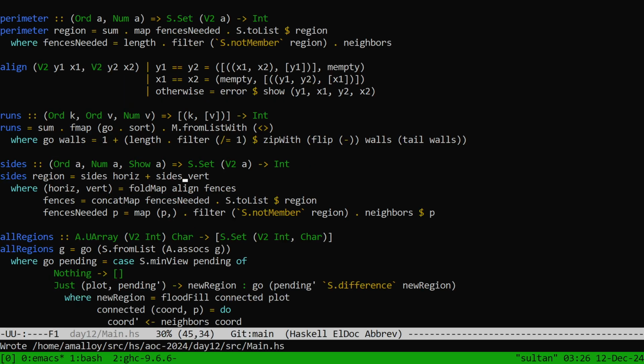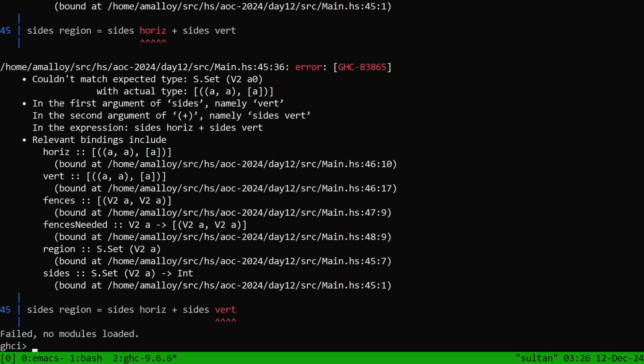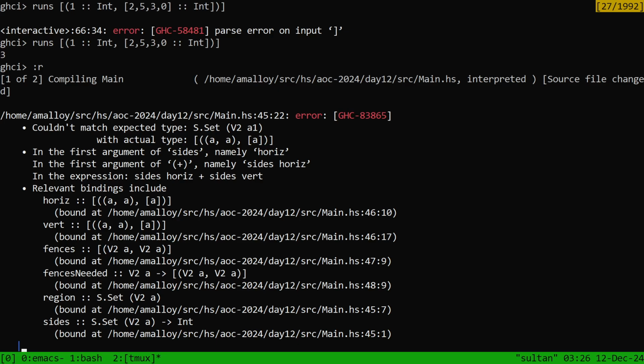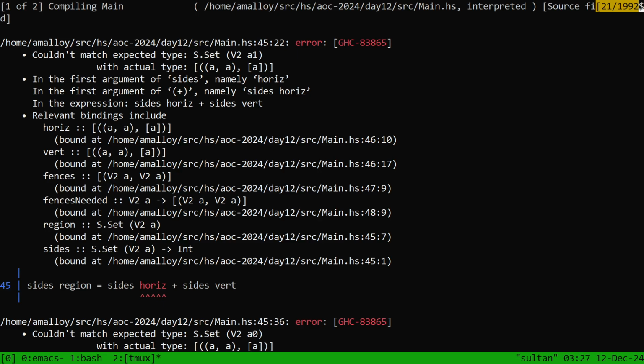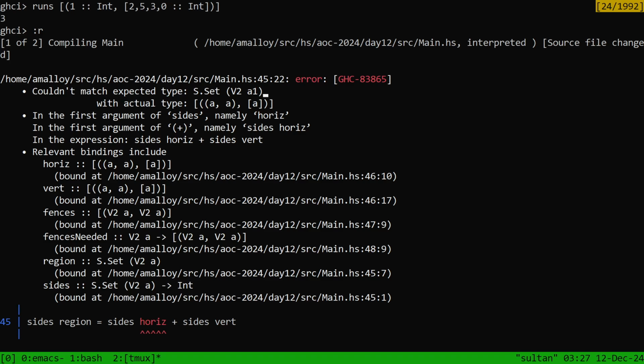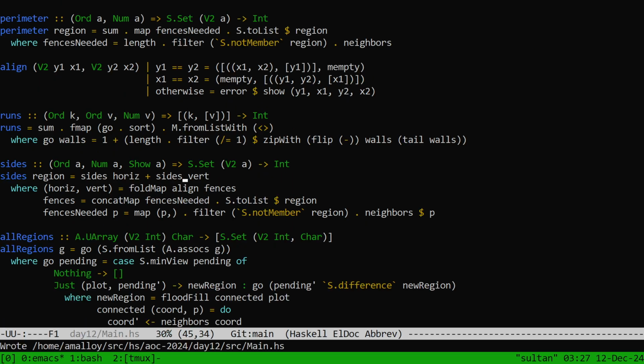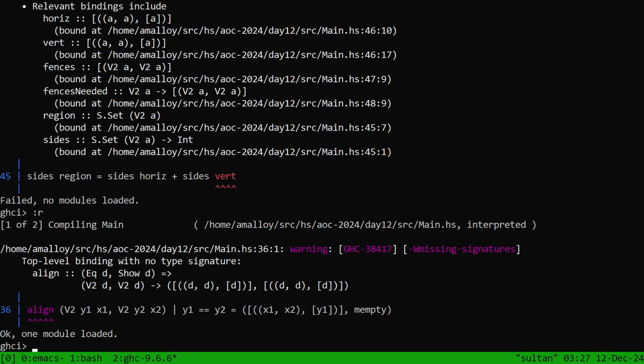No. Sides horiz. Oh, not sides, runs. It type checks.